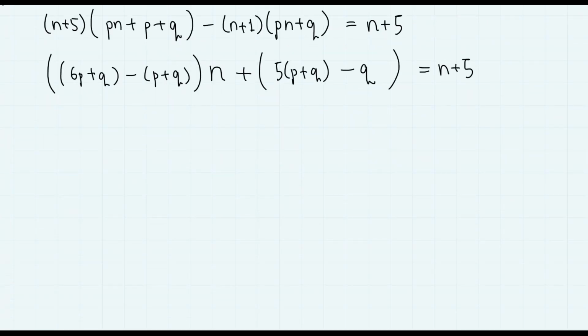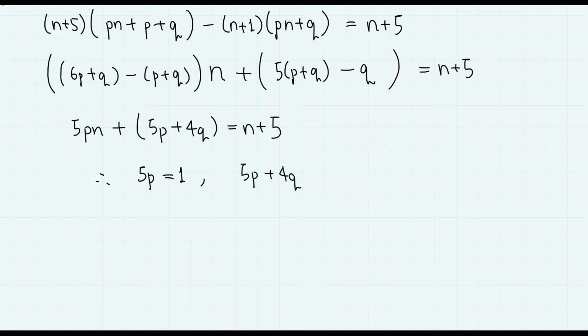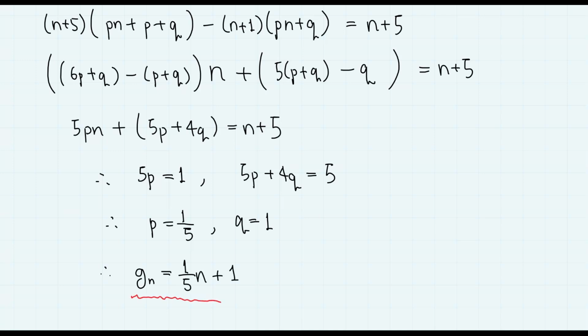If we simplify, we have 5pn plus 5p plus 4q equals n plus 5. So by comparing coefficients, we have 5p equals 1 and 5p plus 4q equals 5, which gives the value p equals 1/5 and q equals 1, which gives gn equals 1 over 5 times n plus 1.